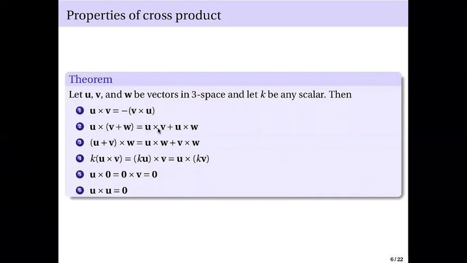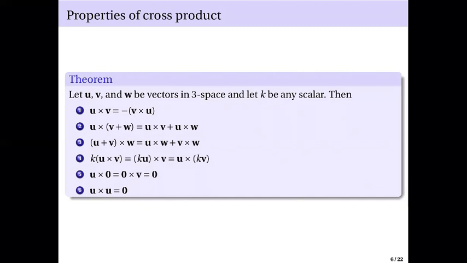So U cross V, U cross W. Now here, still the distributive property, U plus V cross W. This is equal to U cross W plus V cross W. In this one, W is on the right factor of the cross product. So your W must remain on the right factor. So U cross W plus V cross W. So don't interchange them.